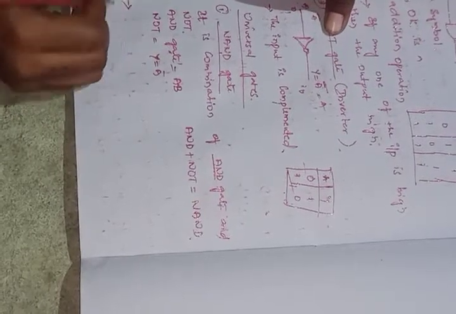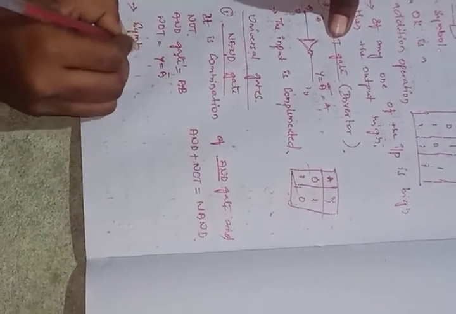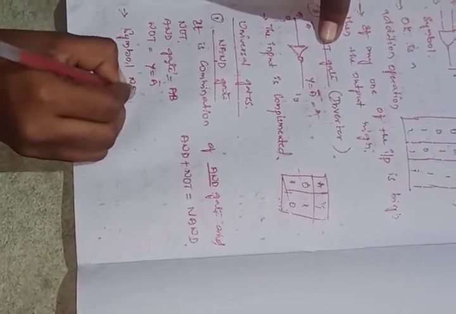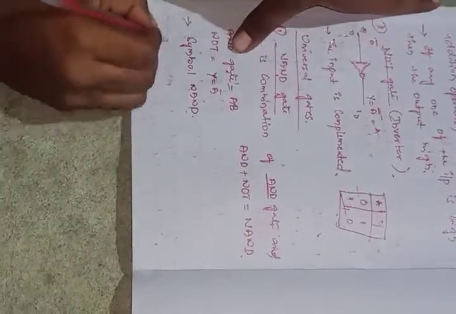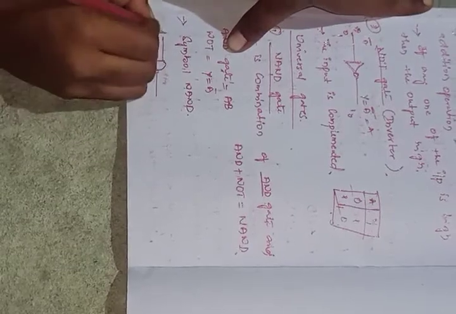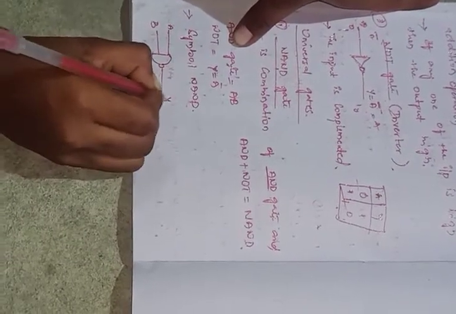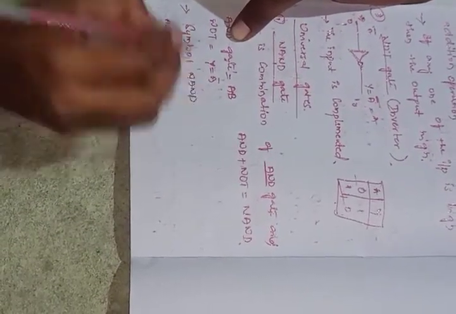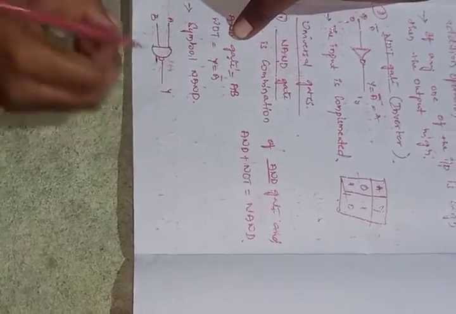The symbol of NAND gate is here. The bubble indicates the complement of AND gate.